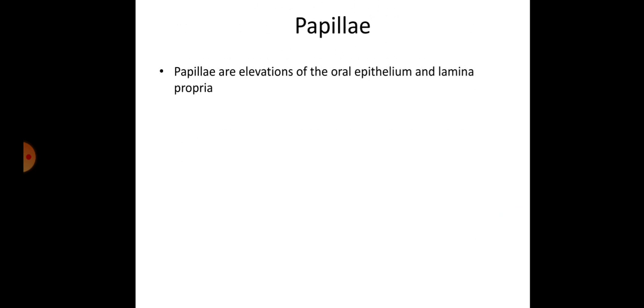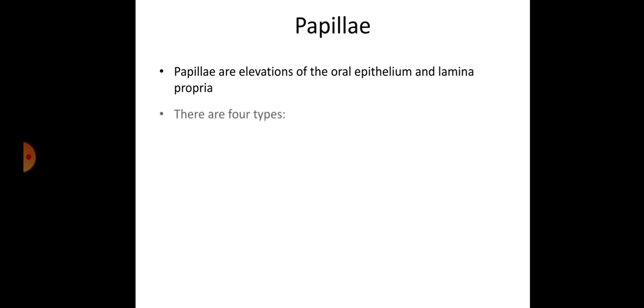Papillae. What is a papilla? Papillae are elevations of epithelium and lamina propria. The lining epithelium and lamina propria are elevated in some areas, for example in the hard palate and the tongue, to form the papillae.